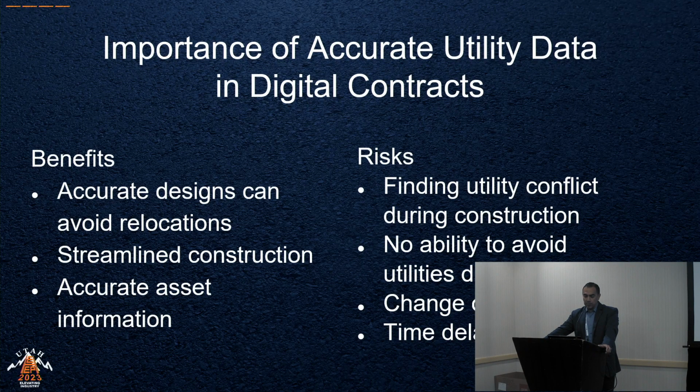So we want to utilize this as a way to streamline that construction. And then also asset information. We want to know where all of our assets are, utilities and everything else on our system. That's just the way we have to do it so that we know what we're responsible for within our right-of-way.